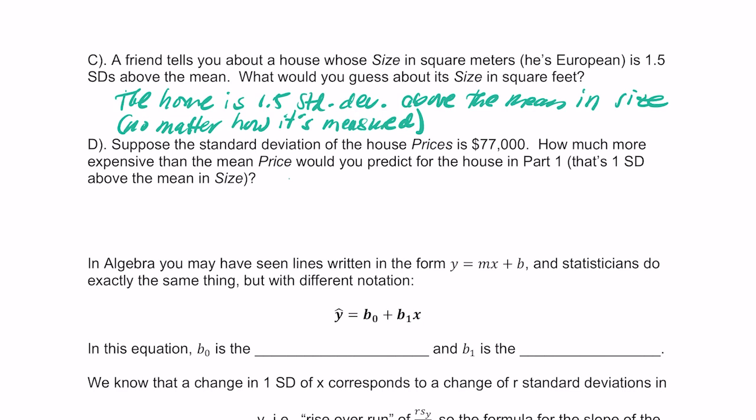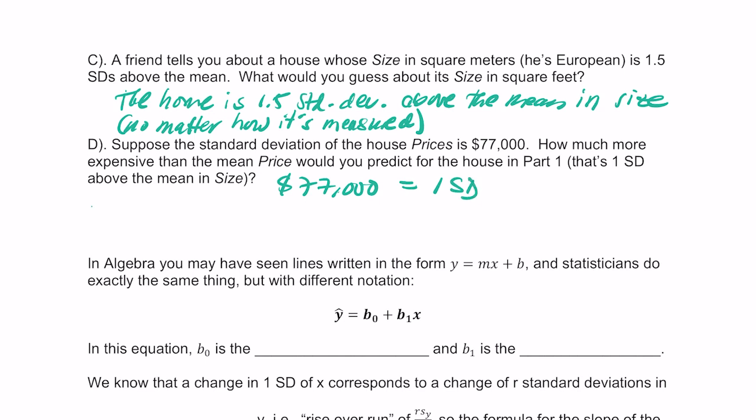And then D, suppose the standard deviation of house prices is $77,000. How much more expensive than the mean price would you predict for the house in part 1? That's 1 standard deviation above the mean size. So $77,000 is equal to 1 standard deviation.